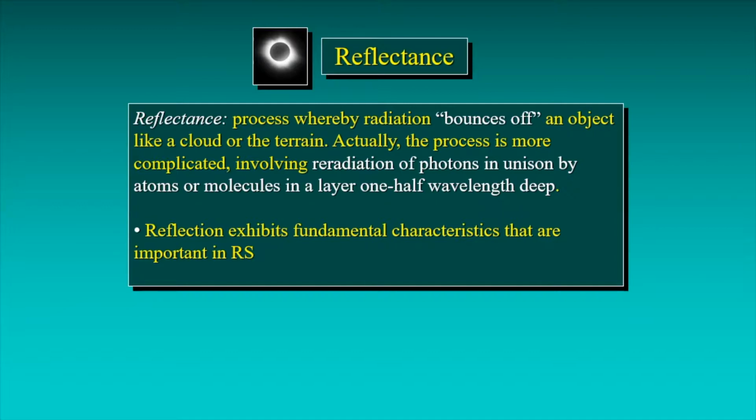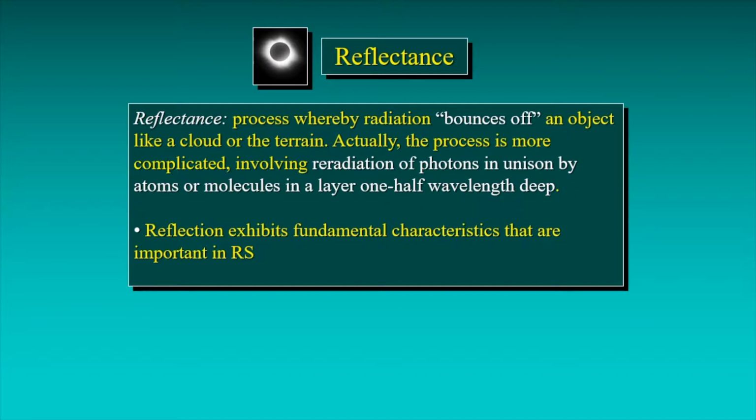It involves re-radiation of photons in unison by atoms or molecules in a layer that is 1/2 of a wavelength deep. And reflection basically gives us information about various characteristics of a particular type of material, and it is a very important quantity in remote sensing.